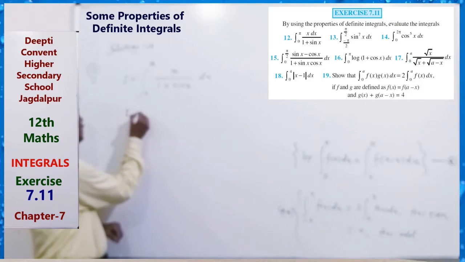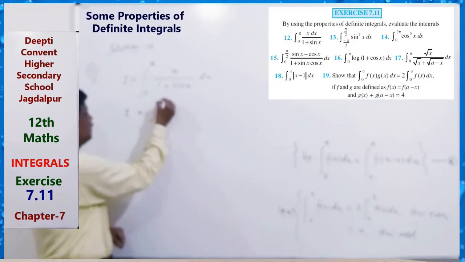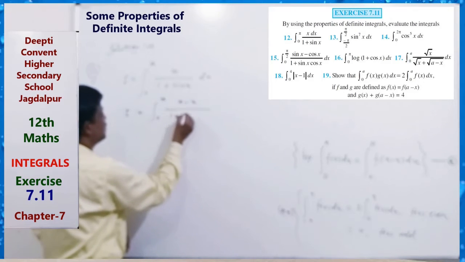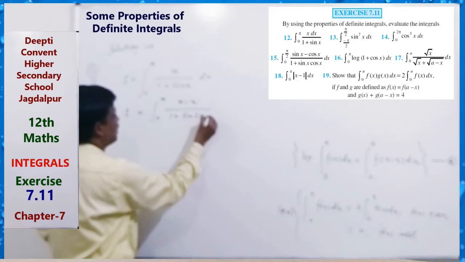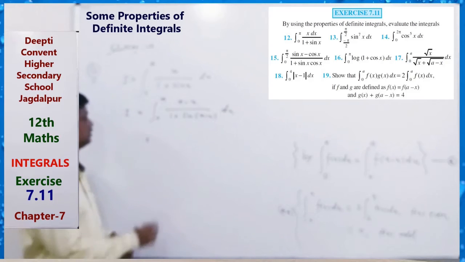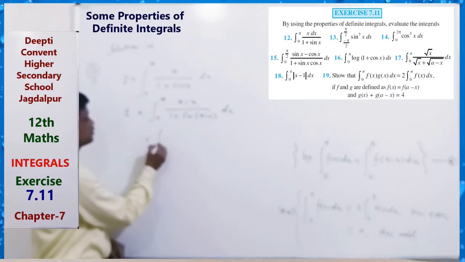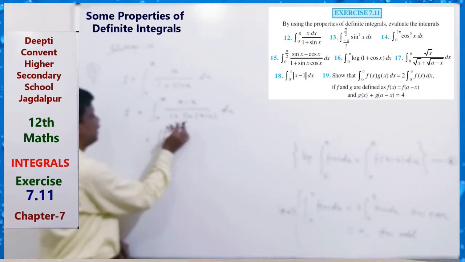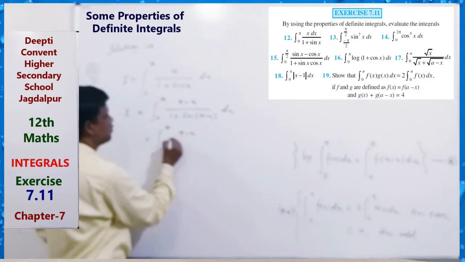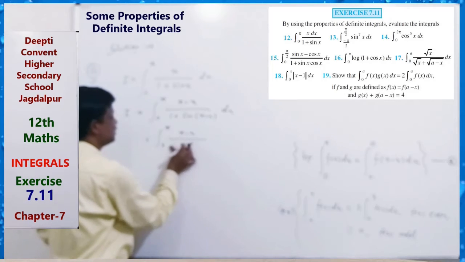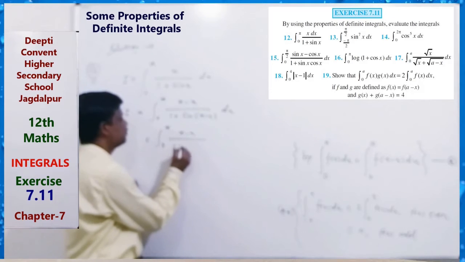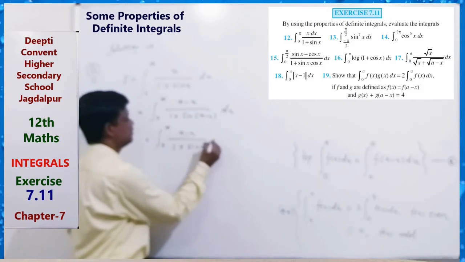Apply 0 to a, in place of x put pi minus x: the integral from 0 to pi of (pi minus x) upon (1 plus sin(pi minus x)) dx, and sin(pi minus x) equals sin x, so 1 plus sin x dx.